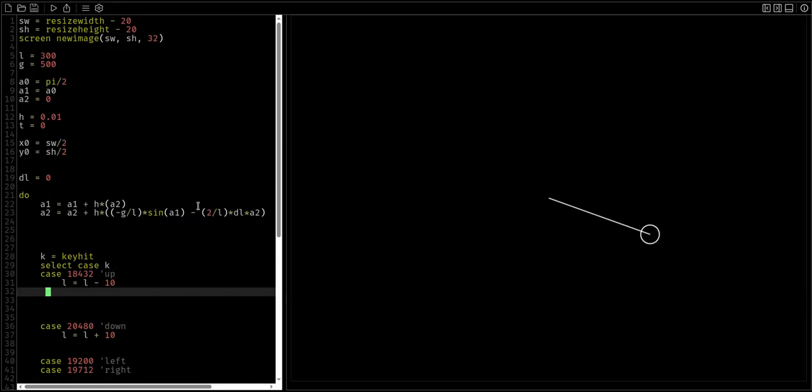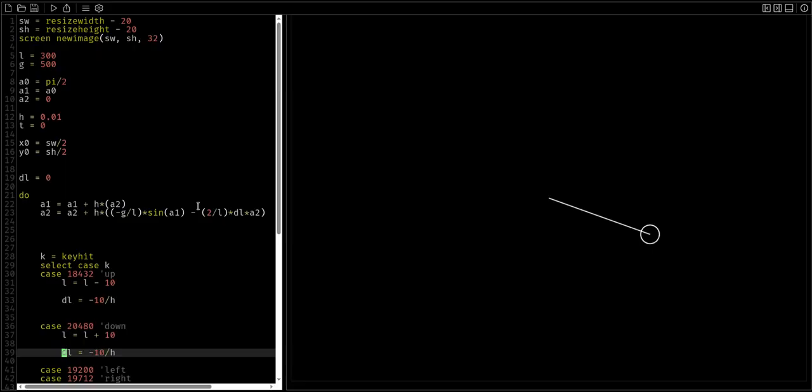So then dL here, dL being a derivative, which is nothing more than a slope, is just rise over run. So our rise is dL, and our run is h. Of course, we'll repeat it here.